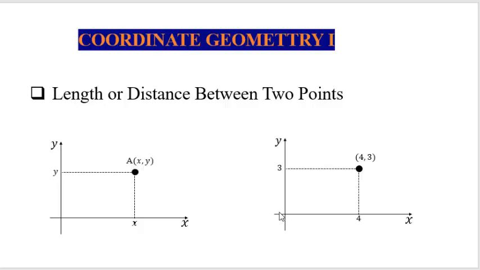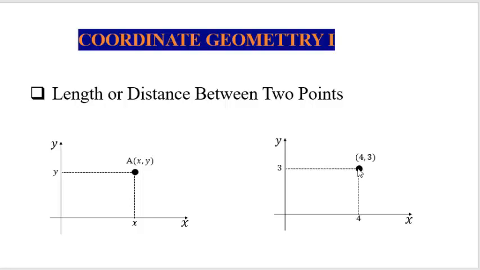Now let's look at a typical example on the introduction to the coordinate geometry 1. Once again we have our x-axis and then the y-axis. So any point in the xy plane, so we have the xy plane here. Now let's try to look at the coordinates of this point.